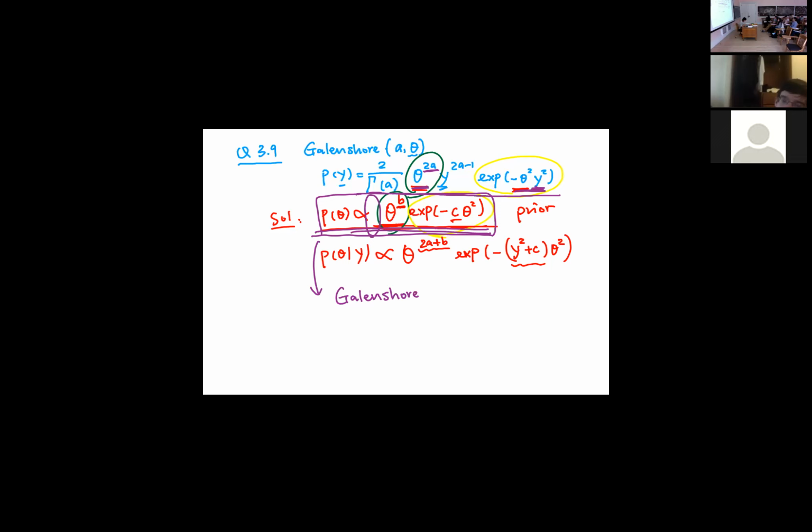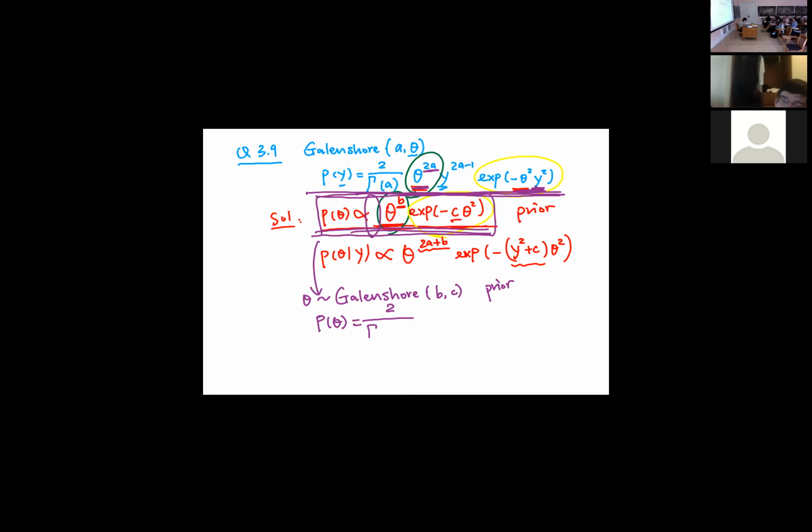So if you have, let's say, B and C, and your prior is this, I'm rewriting the Galen-Shor, but now for Galen-Shor BC, and theta follows Galen-Shor BC.